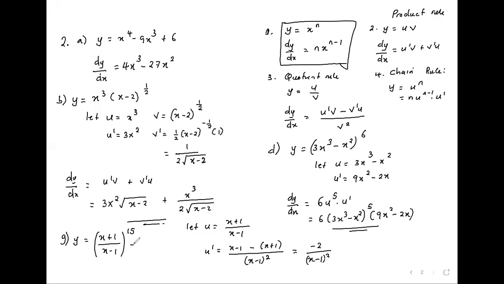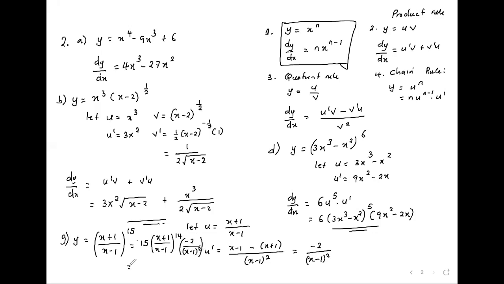So when you come here, this is going to be 15 times x plus 1 over x minus 1 to the power 14, multiplied by -2 over x minus 1 squared.